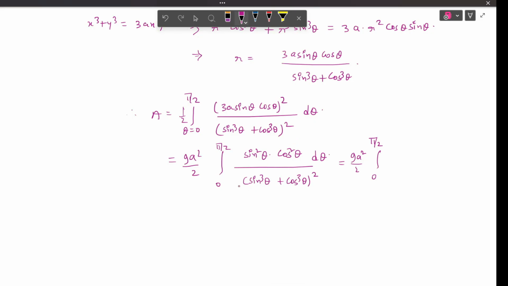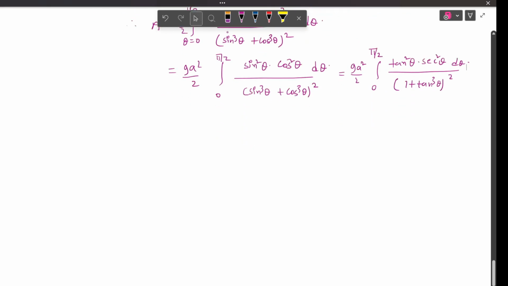Okay, so 1 cos square theta will cancel out, so we have in the denominator cos to the power 4 theta. So 1 by cos square theta would be sec square theta, and sin square theta by cos square theta would be tan square theta. So ultimately it is tan square theta sec square theta upon 1 plus tan cube theta whole square into d theta. Now let us say 1 plus tan cube theta is d.